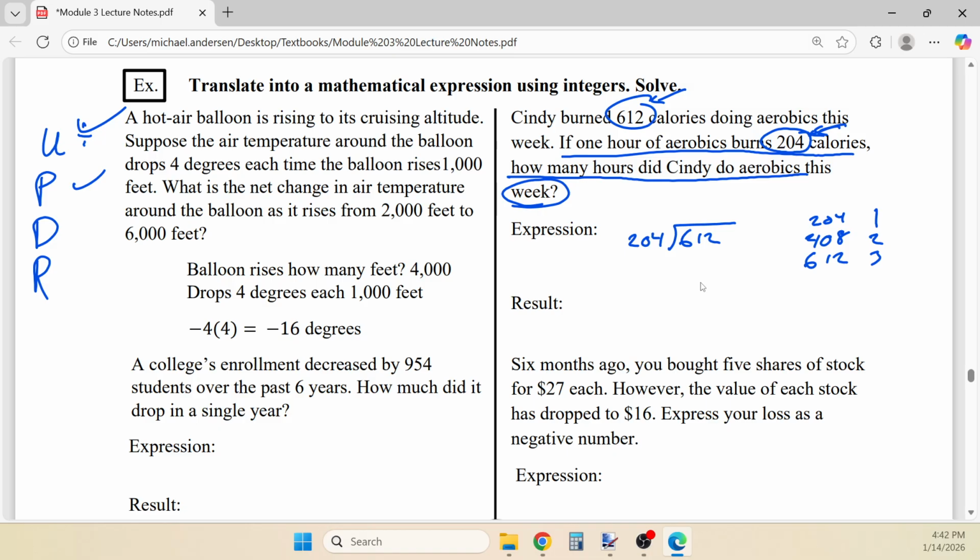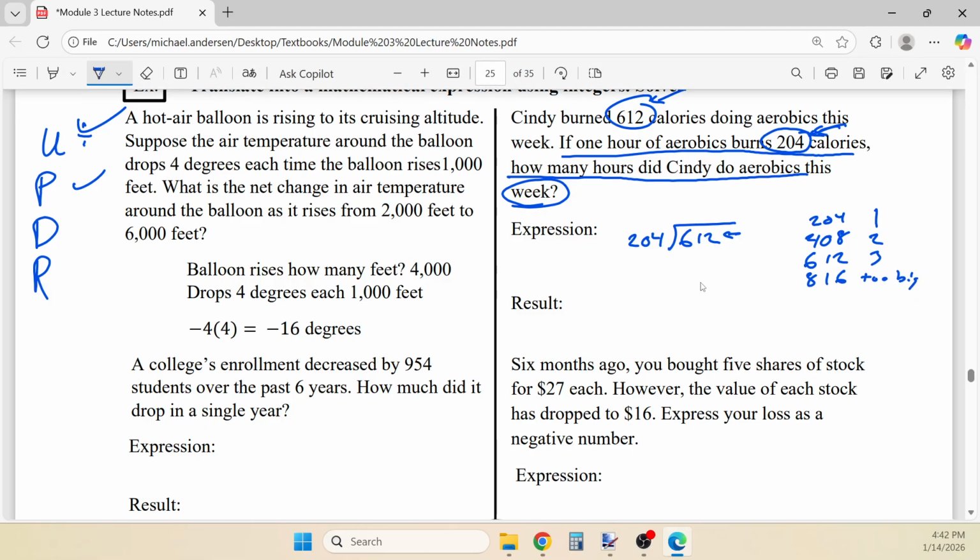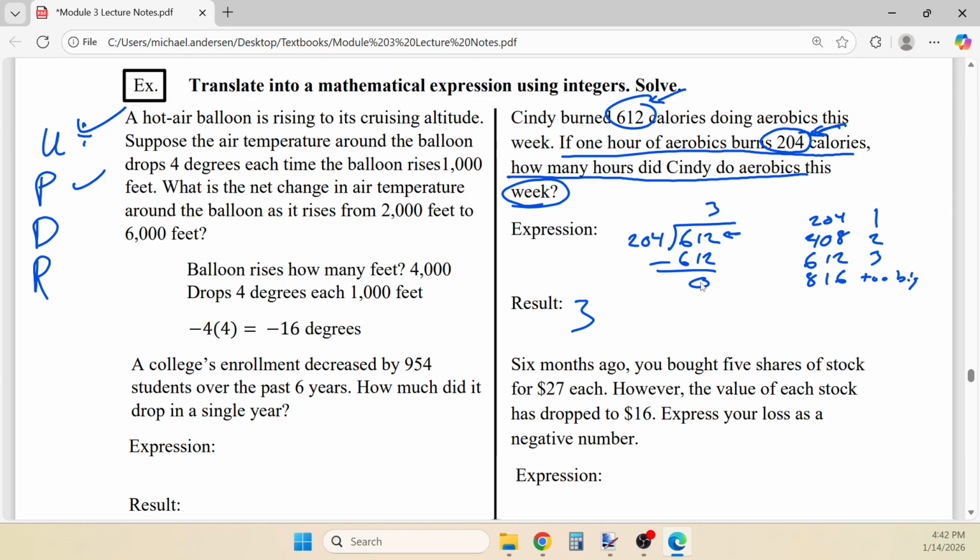And we say, oh, look, that is exactly the number we're looking for. If we tried to go any further, we would get 816, and that's too big. So we go in 3 times. 3 times 204 is 612. We subtract. We have no remainder. Our result is 3. She worked out for 3 hours this week.